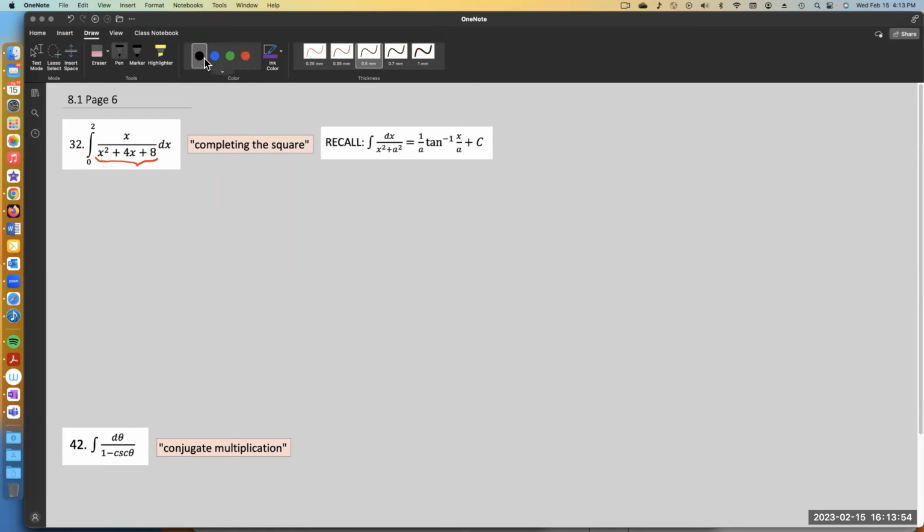We want to complete the square using the first two terms. To complete the square, we take the coefficient of x, divide it by 2, and then square it. So 4 divided by 2 is 2, 2 squared is 4. So we know we need a 4 right there. Then we will have a perfect square trinomial, and that's factorable.